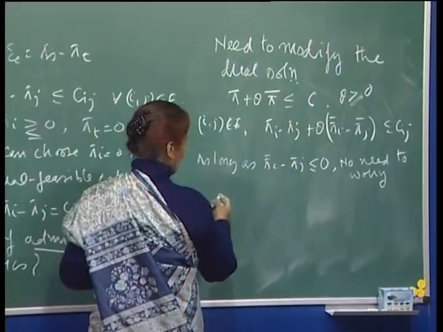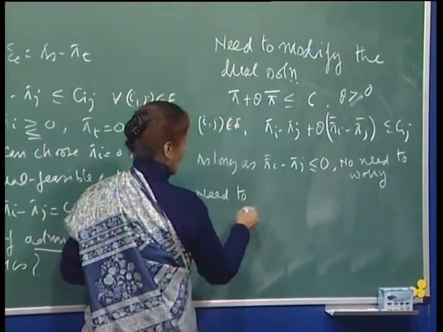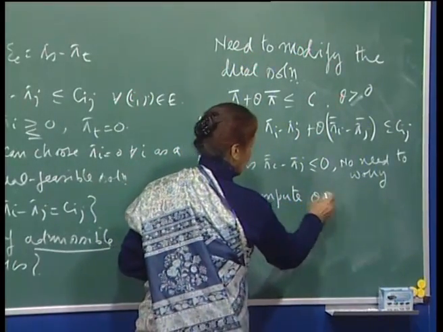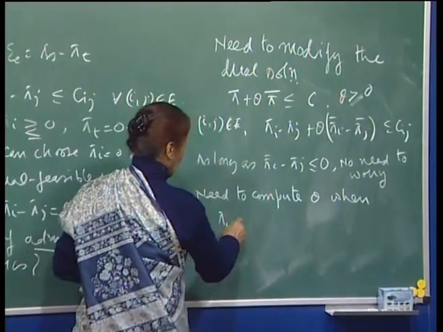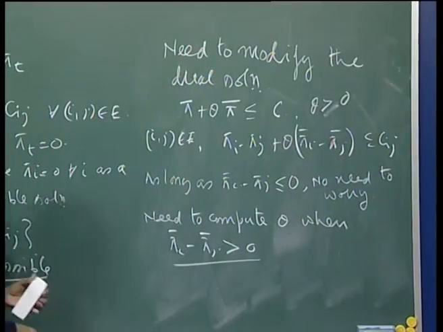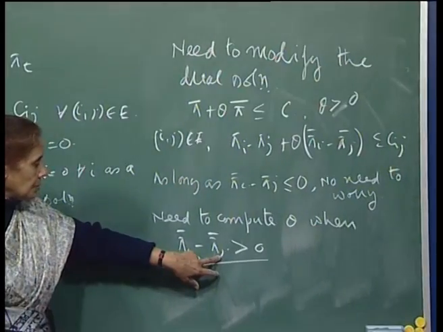So, we need to compute theta when pi I bar minus pi j bar is greater than 0. And when will that happen? When pi bar I is 1 and this is 0.